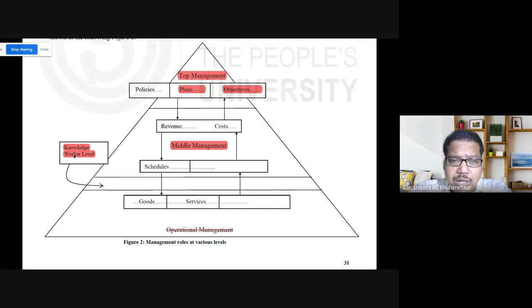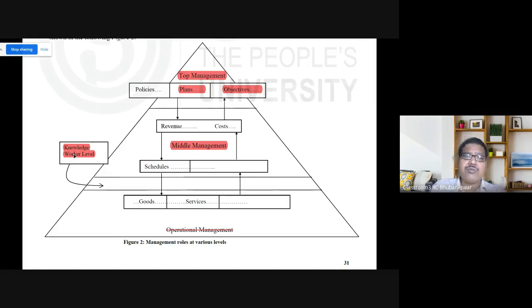We do not have a placement office, so we have to go through many different complications. So the middle level manager has to deal with cost and schedule. These are two different parameters which can be a high level hurdle to meet the goals set by the top level managers.